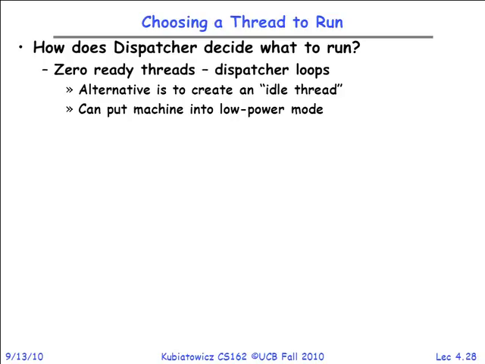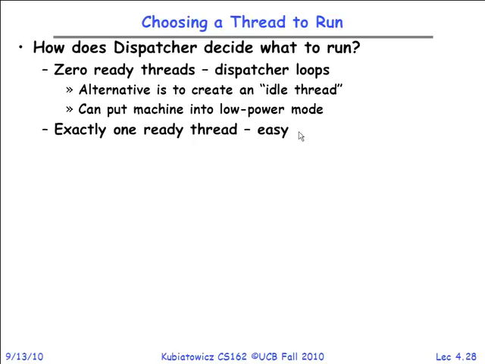Now, exactly one thread. That's easy. You could just continue running it, not interrupt it at all, or you could actually go through a switch with this one thread. But in that case, you're probably wasting overhead that you didn't need.